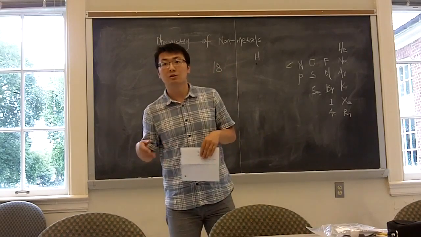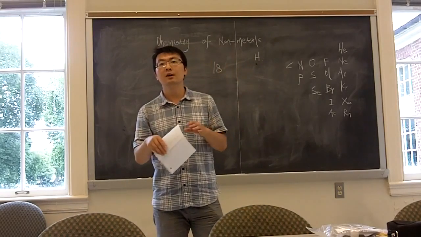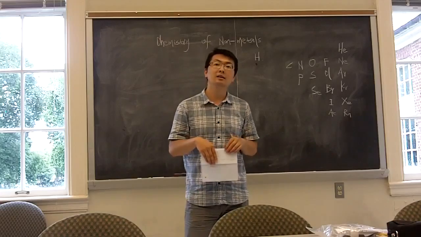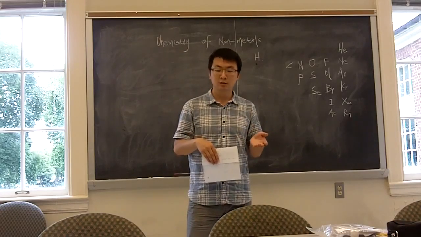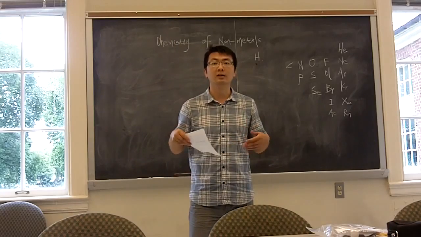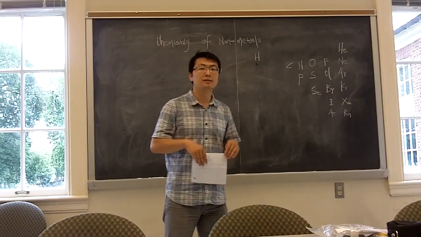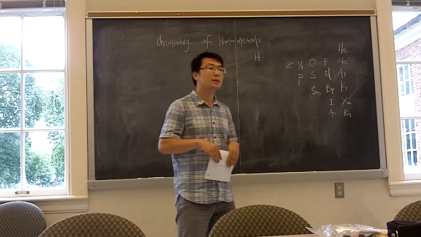Also, the tissues of our body and of different living organisms are made of non-metal elements. There are just tiny amounts of metals in our body. So it's quite important to learn about non-metal elements.